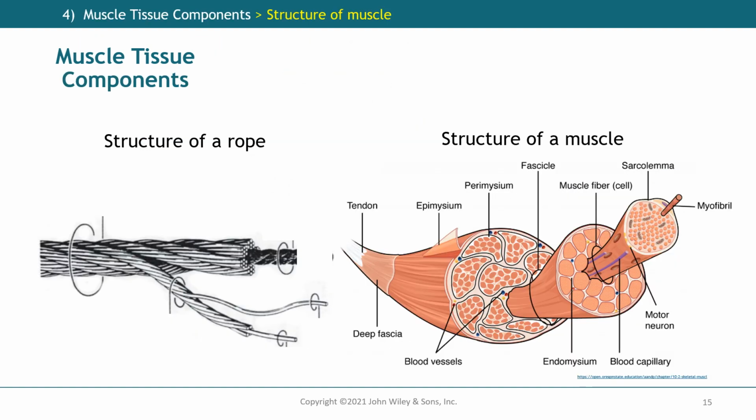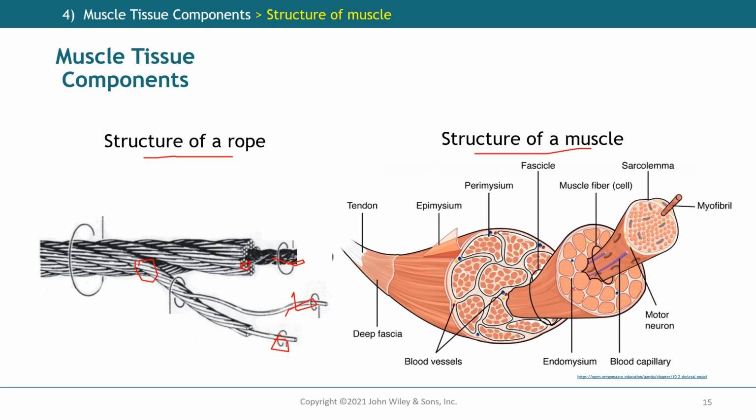At the beginning of this lecture, I started telling you that if you study the structure of a rope, instead of having one strand, you might have one strand that is formed by multiple strands, and each one of those strands is formed by even smaller and smaller strands. Something similar happens with the muscle.